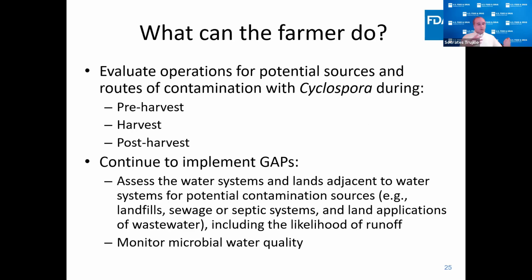And again, it's not only about, oh my God, this is a problem, right? But what can we do, right? So when you talk to your farmers, to the packing houses, you need to make sure that they understand that Cyclospora cayetanensis can be present in the pre-harvest, the harvest, or the post-harvest environment.